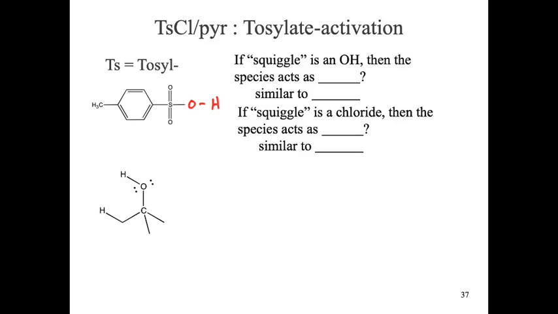What is the reactivity if we get an OH there? That hydrogen is now an acidic hydrogen. Why is that hydrogen acidic? Because it's connected to the oxygen is one answer. This hydrogen is also connected to an oxygen, and it is not acidic.